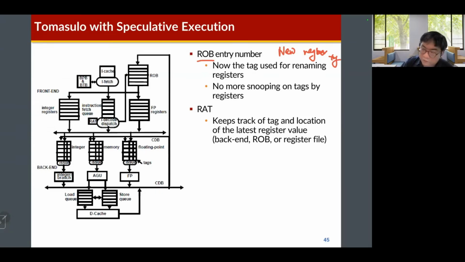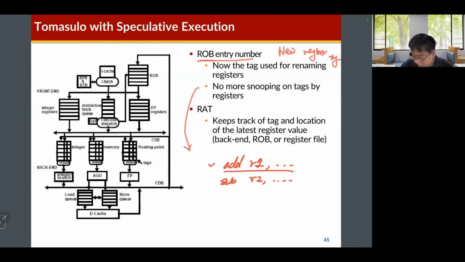And then in the speculative execution, we solve the WAW hazard and WAR hazard with the ROB entry number. What does that mean? Like this, add R1. So when an instruction is dispatched, the instruction is decoded and dispatched to the issue queue, and then this instruction is also included in the ROB.